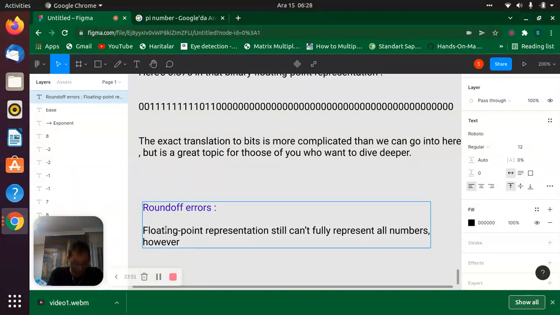However, consider the fraction 1 divided by 3 and its floating point representation.